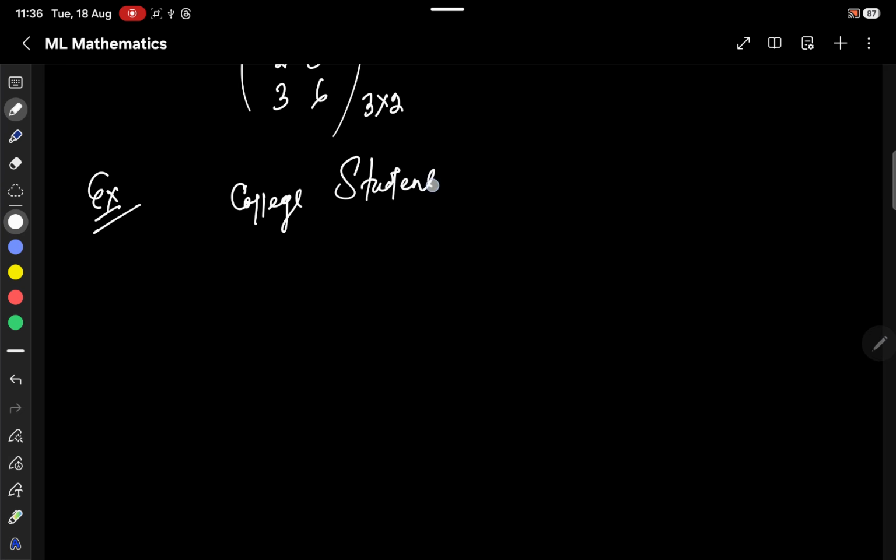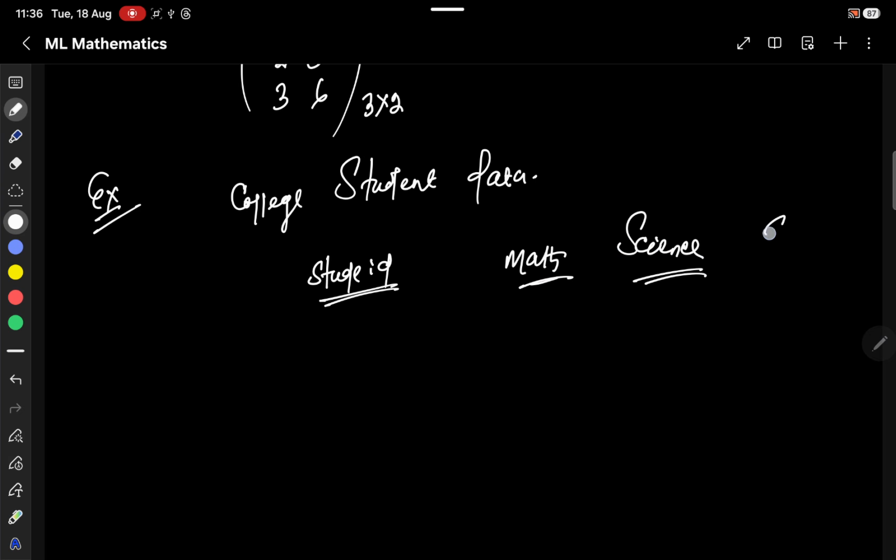In this college student data, I have my student ID, and I have his math mark, his science mark, his English mark, all those marks. So what are the scores they have? If I have vector A and vector B, their scores are, let's say, 80, 70, 85, and 80 or 60, 85, 75.